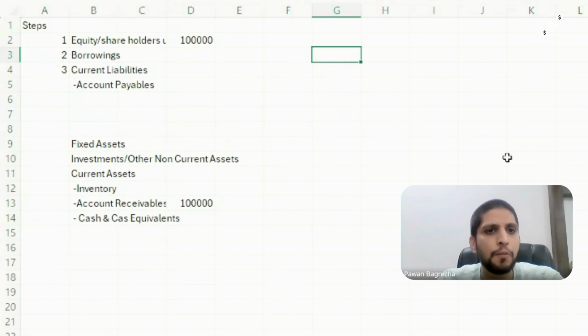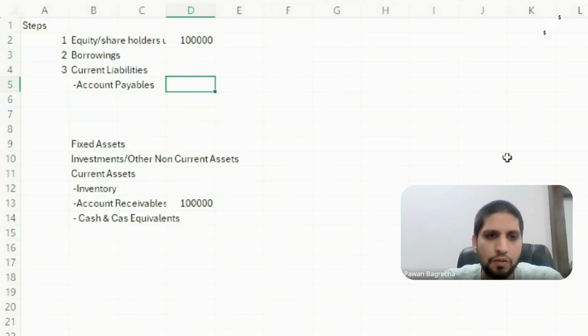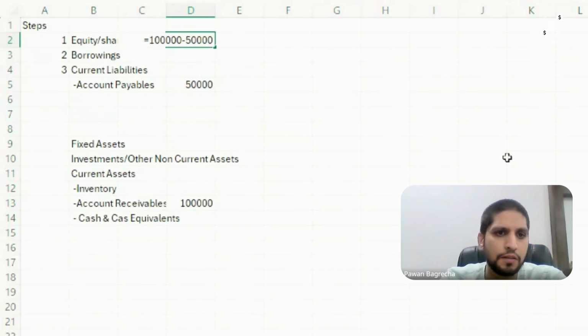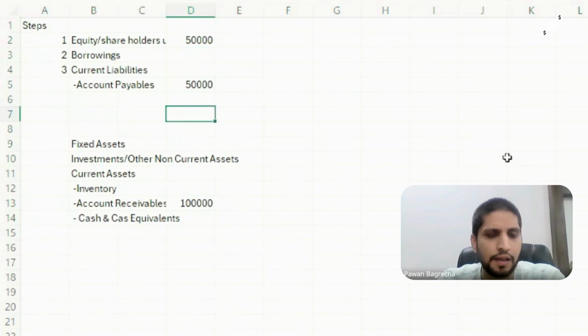But for that we have purchased some goods on credit. For example, we have purchased goods of 50,000 rupees on credit. So 50,000 over here, and purchases of 50,000 rupees. So this will be the case.